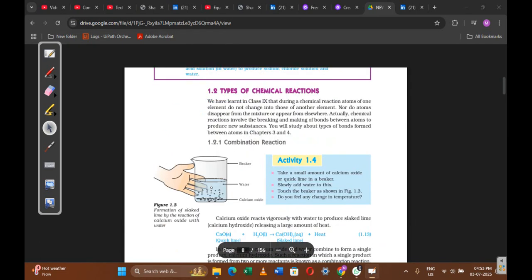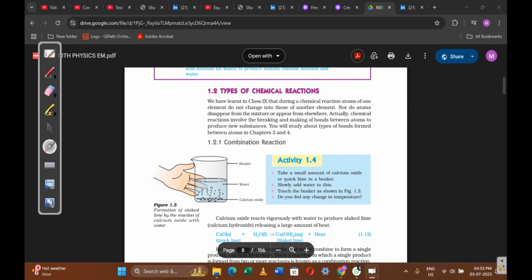Here we discuss types of chemical reactions. In a chemical reaction, a new substance is formed. Atoms of one element don't change into another element. No atoms come from elsewhere, and no atoms disappear.